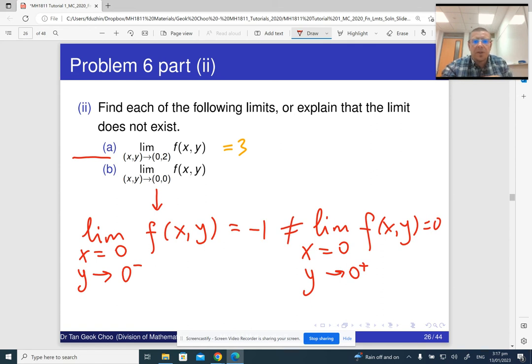Since they are not equal, it means that the limits along different paths are not equal, so the limit does not exist. All right, I hope it clarifies.